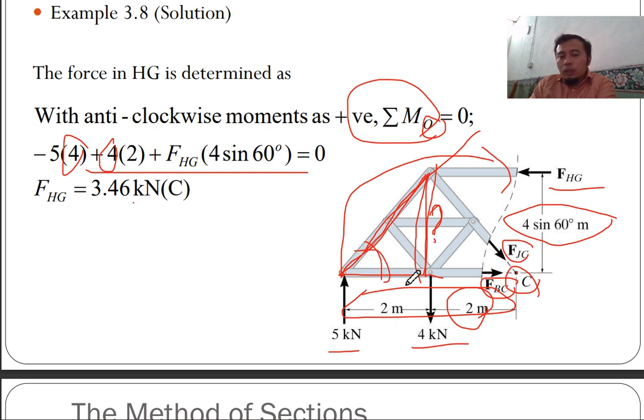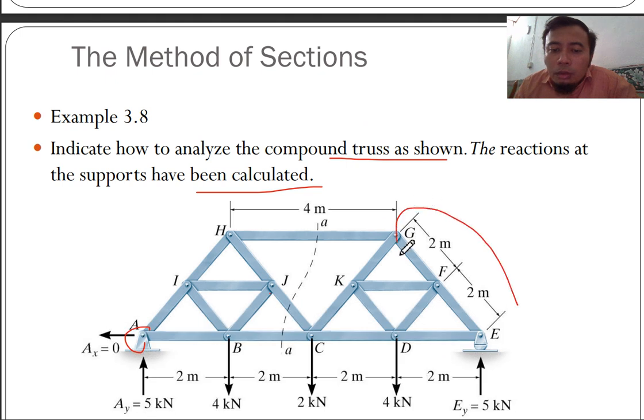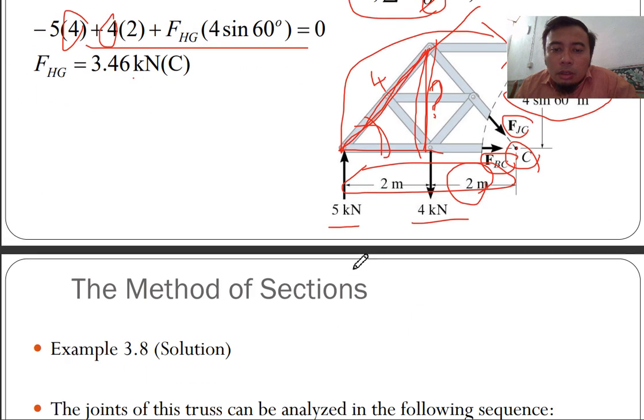So this is 4 meter as shown here. This is 4 meter. It's similar. We want to know here.